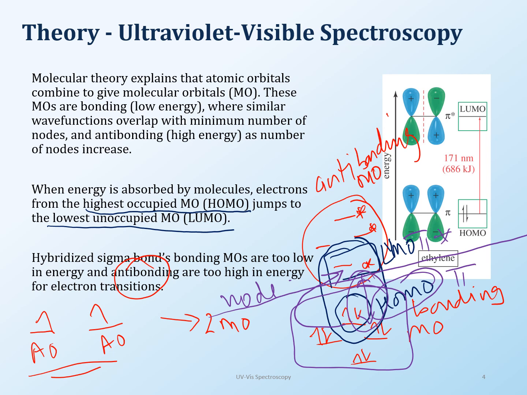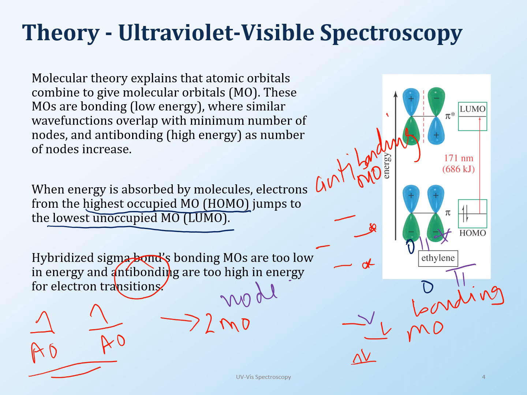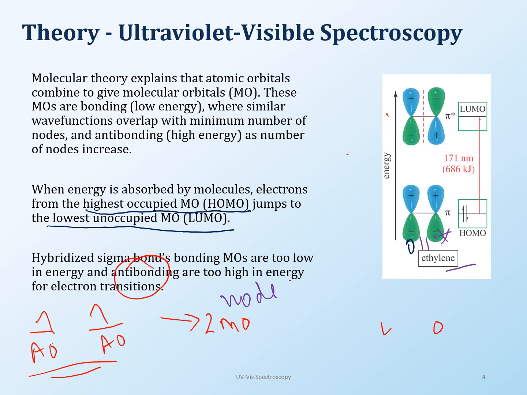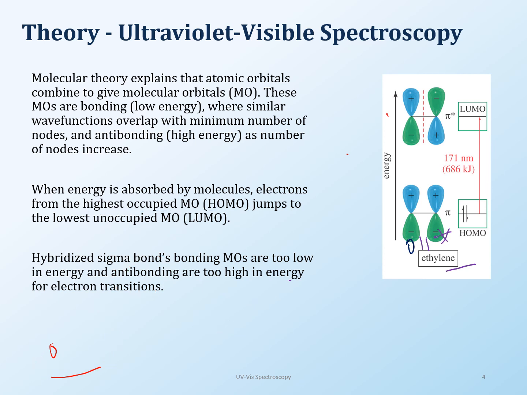So you fill out these energy levels, and then you can determine the distance between the HOMO and the LUMO, and also how many you're going to have here. Our job is not going to be to write out all of these atomic orbitals or bonding orbitals, excuse me. So don't get scared by that. I was just trying to explain to you how these things are working.